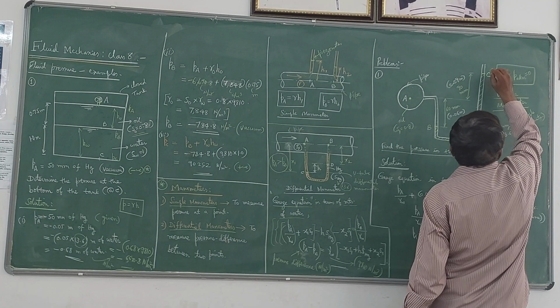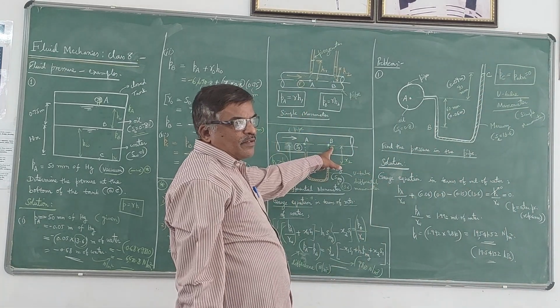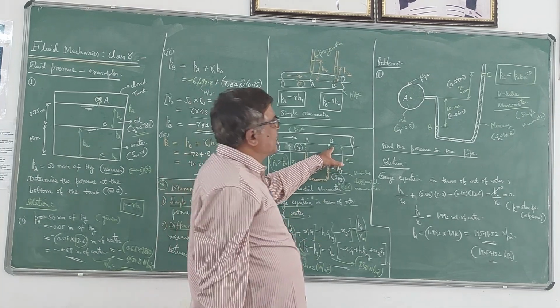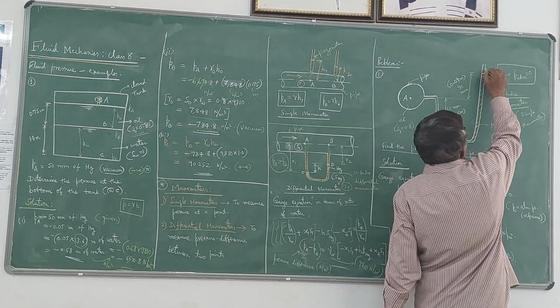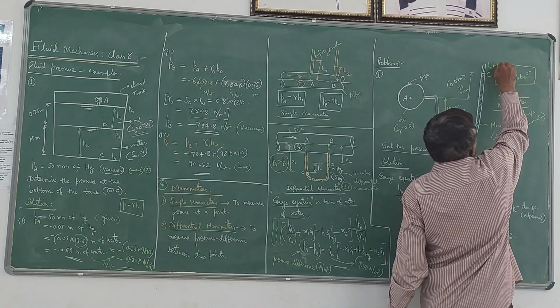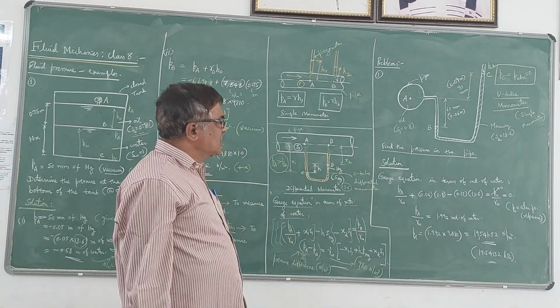It is open to atmosphere here. It is not closed. Whereas here, it is within the pipe. When the point is within the pipe, then the pressure is not atmospheric. Here it is open to atmosphere. Therefore, whatever pressure exerts here, that is nothing but P atmosphere, which we are going to take as 0 because we are writing in terms of gauge pressure.